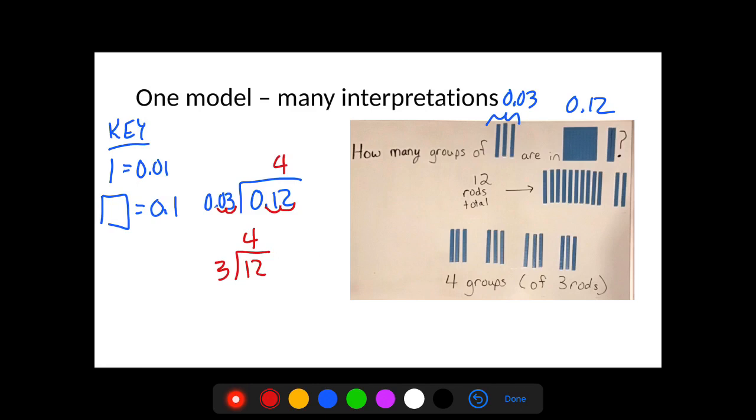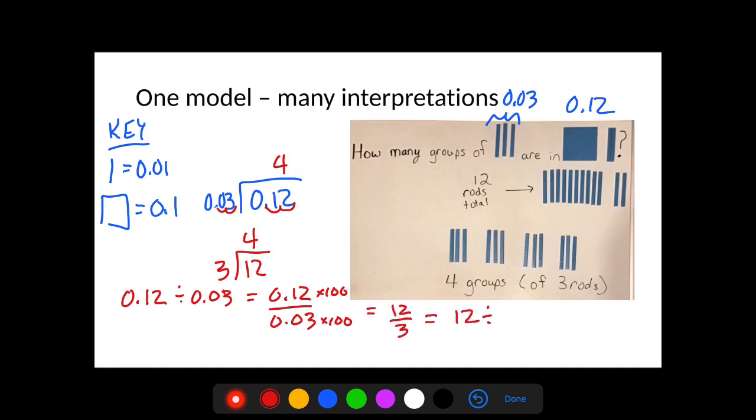Again, if we look at our fractions, if we have 12/100ths divided by 3/100ths, we can write this as a fraction. We can multiply the numerator and the denominator both by 100 to get the equivalent fraction of 12/3, which is the same division problem.